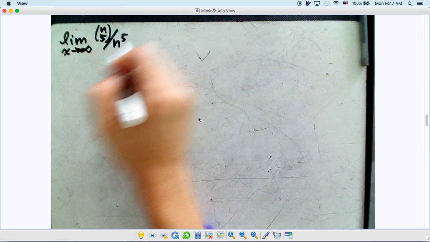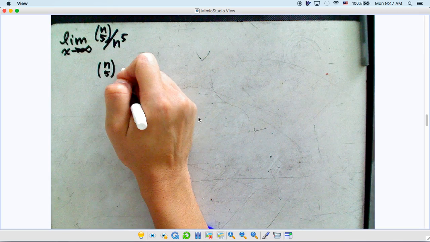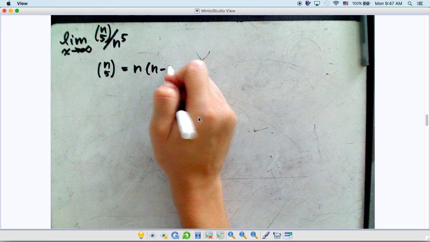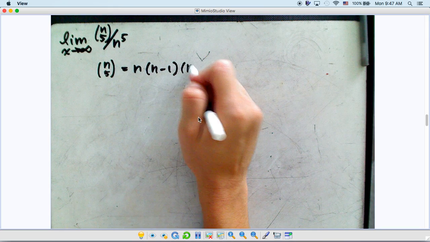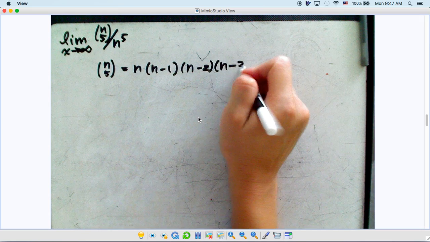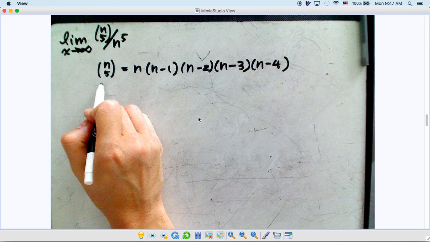Then, first of all, we know that n choose 5 means n times n minus 1 times n minus 2 times n minus 3 times n minus 4. That's n choose 5.